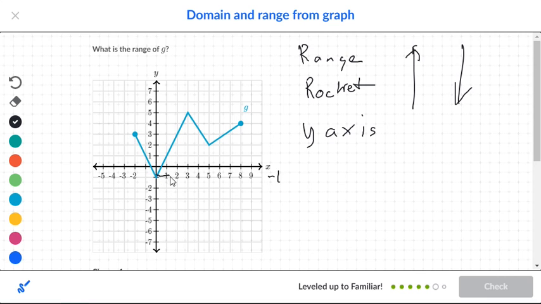So this right here is at a level of -1. This is actually the highest level here at 5. Now remember, they like to switch out the f of x with the y. So we're going to start with the smallest number, which is -1, and then we're going to put in the 5 here.